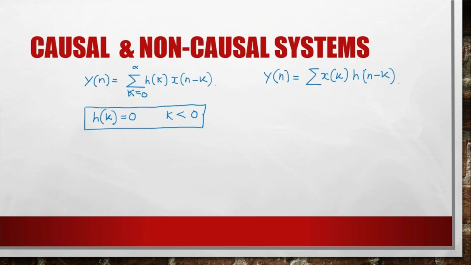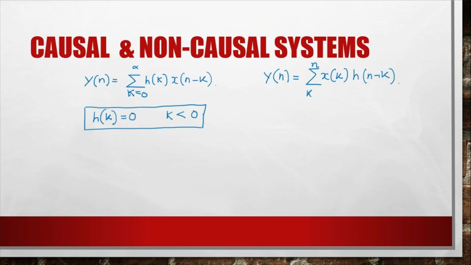So, for this particular system to be causal, what do we have to do? We cannot take the negative argument of h. We have to strictly consider that the maximum value of k must be equal to n. So, what about the minimum value?